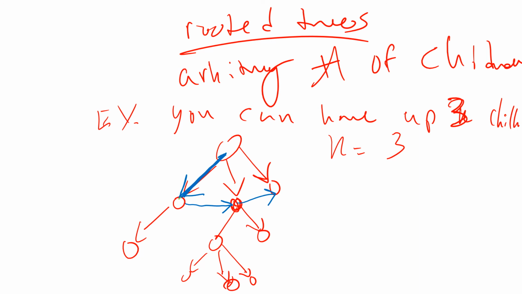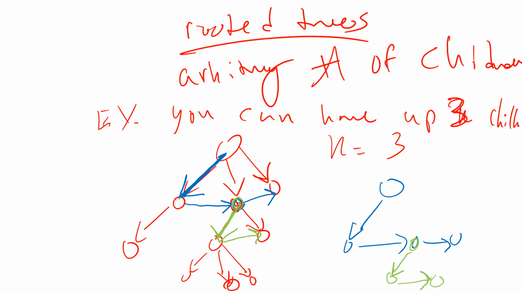Right? And then this one, which is this one now here, is going to have a pointer here, left, and then a pointer to all of its siblings, etc., etc. So you have at most 2 pointers in each data structure.